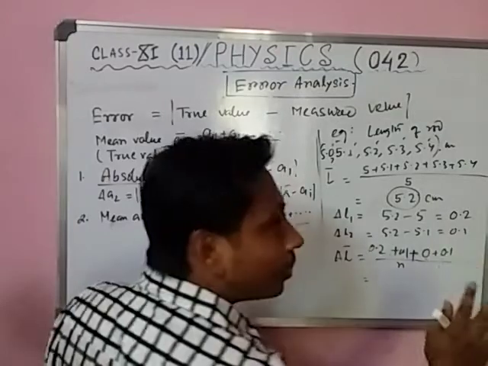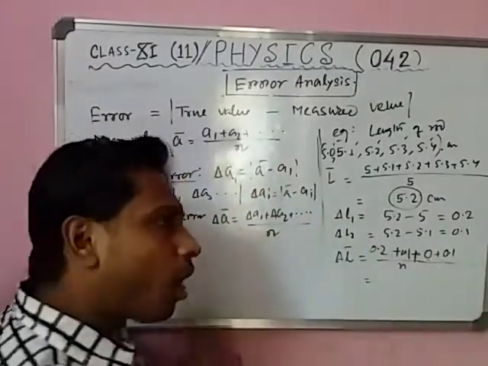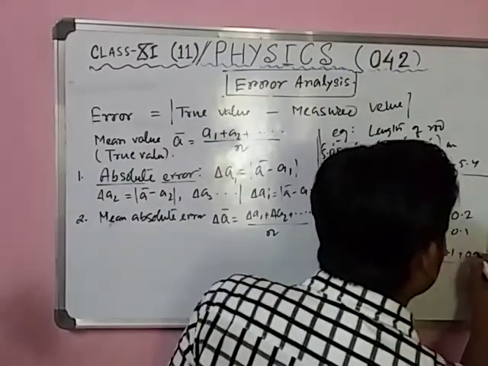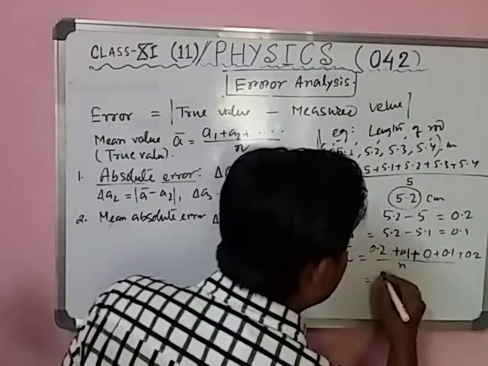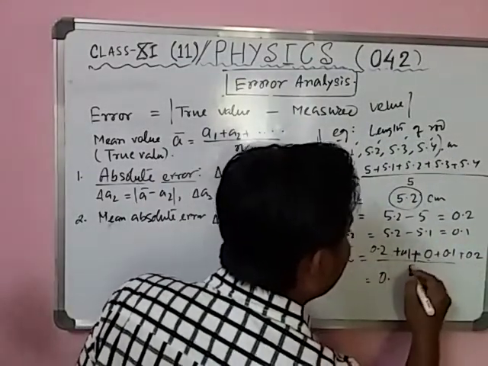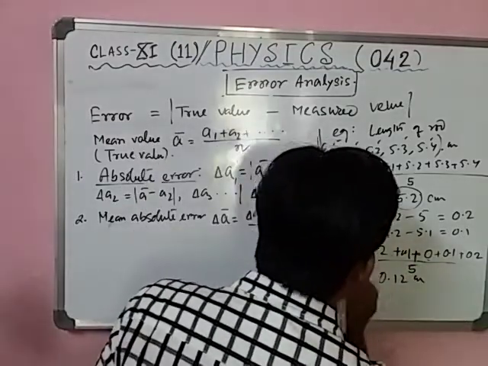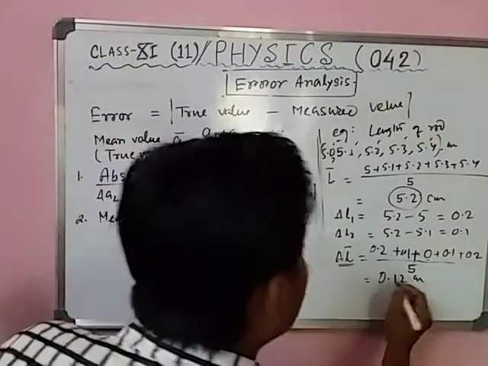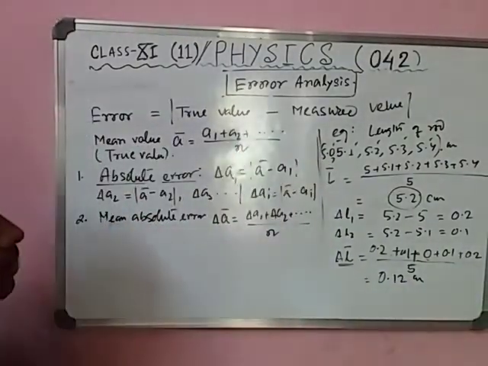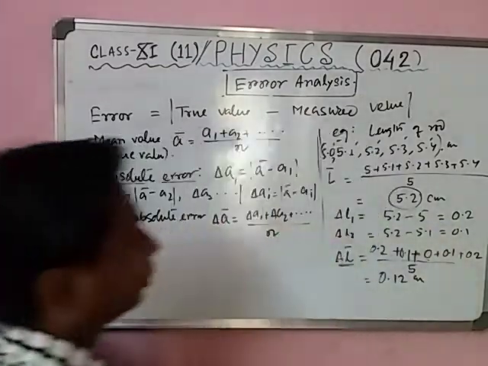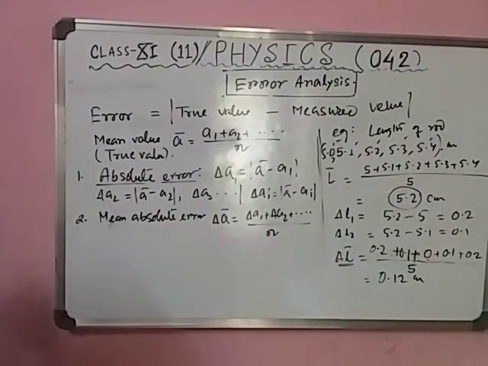Will you write minus? No. Plus 0.1. Always plus. Error means always plus. 0.2 means plus 0.2. So if you take the average, the number of observations is 5. So 0.12 centimeter. This is the mean absolute error, 0.12. Okay.